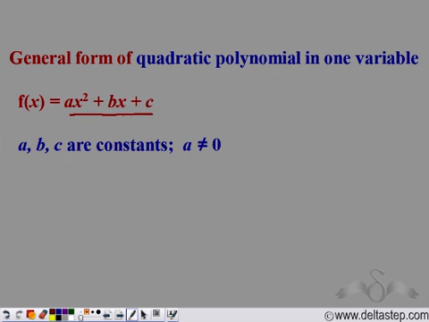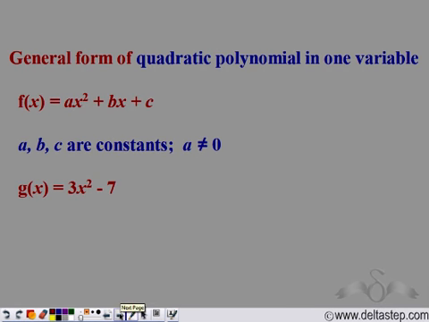So we have an x² term, we have a term with x, and we have a constant term. This is the general form of a quadratic polynomial. a, b and c are constants, and a cannot be 0, because if a is 0, then this will no longer be a quadratic polynomial, because the coefficient of x² will become 0 and this term will vanish.